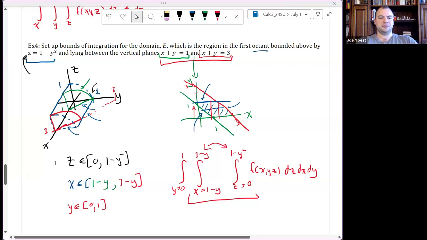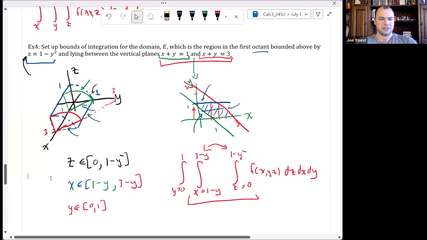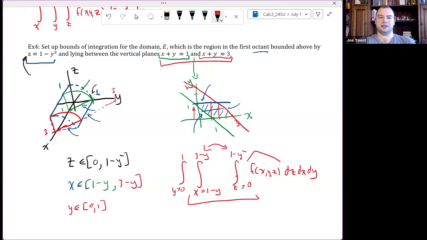Any questions on this one? So again, two things to keep reminding you of: when we're drawing these 3D geometric shapes, we're drawing domains of integration. We didn't even talk about what the integrand is.